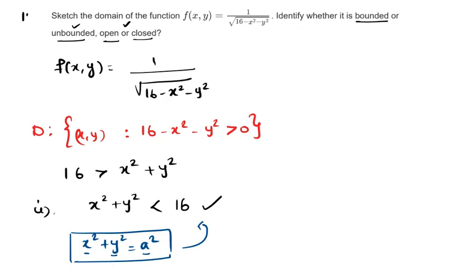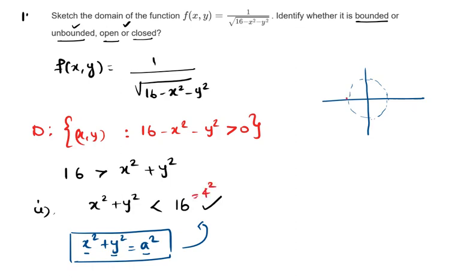So how can we draw the diagram for this? The diagram will be similar to this, right? Here x square plus y square is less than 16. 16 is equivalent to 4 square.